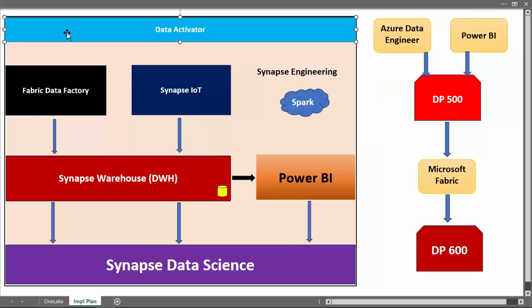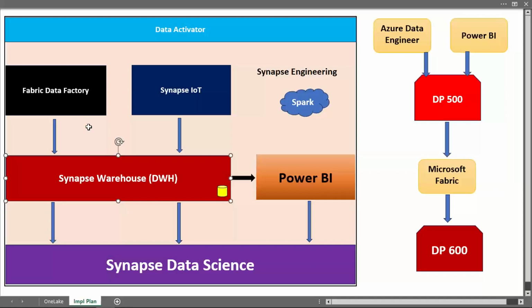So this is our actual course, the left side items. We are going to slowly start with Fabric Data Factory, which is a nice remake of Azure Data Factory. And we'll step into the Warehouse.